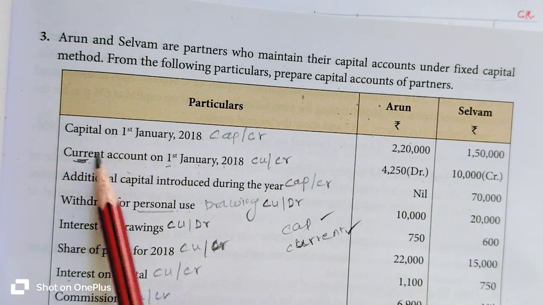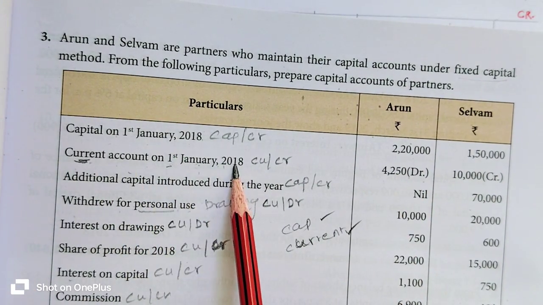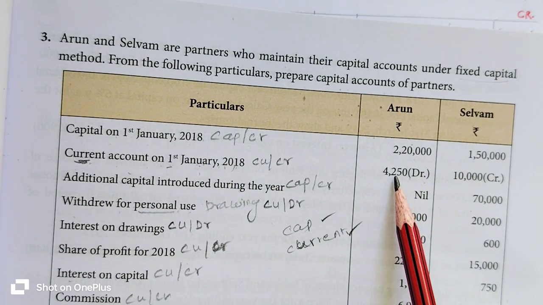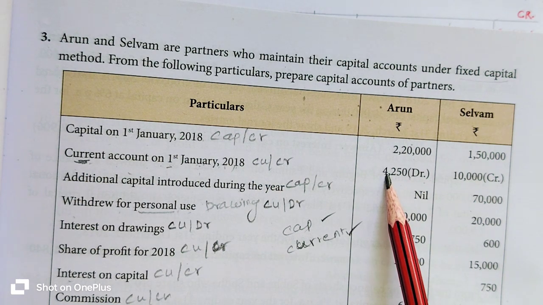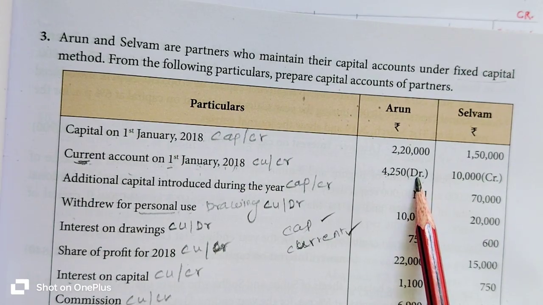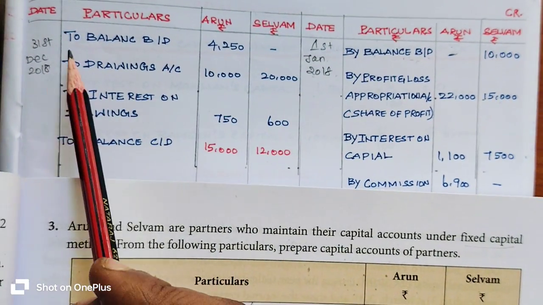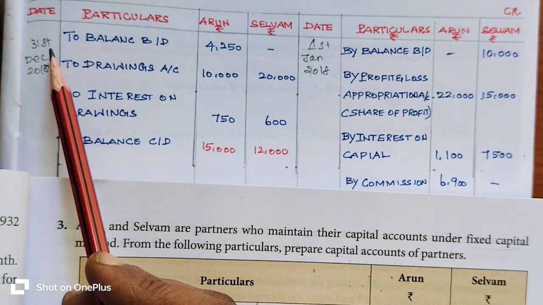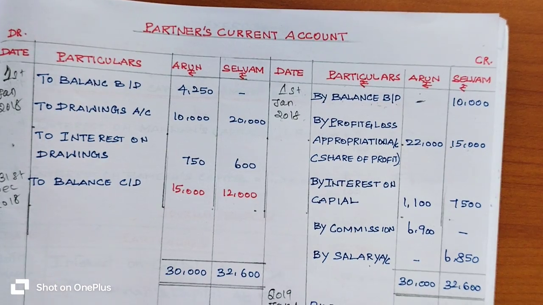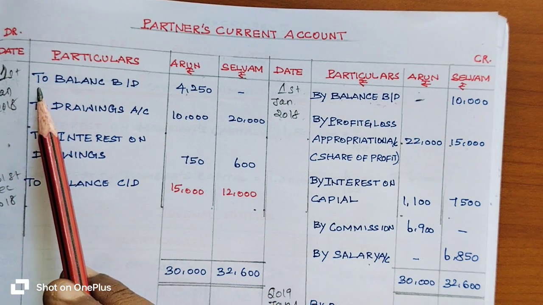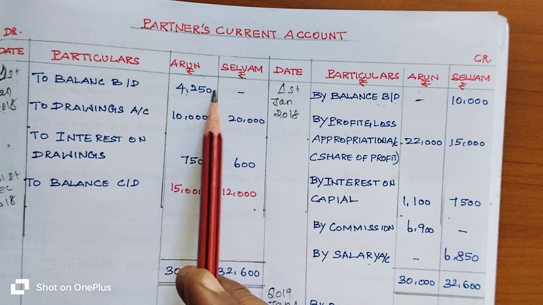Listen here carefully. Current account on 1st January 2018, Arun's current account opening balance is 4,250 rupees, to be entered on debit side. So you go to debit side, dated 1st January 2018, Arun's current account opening balance is 4,250.